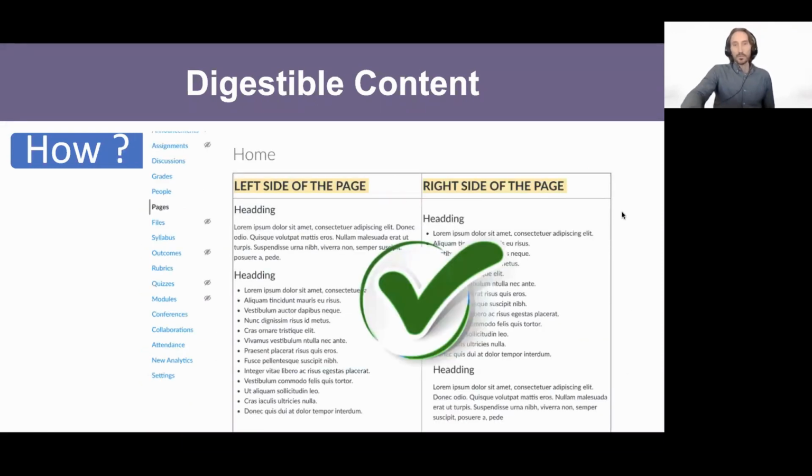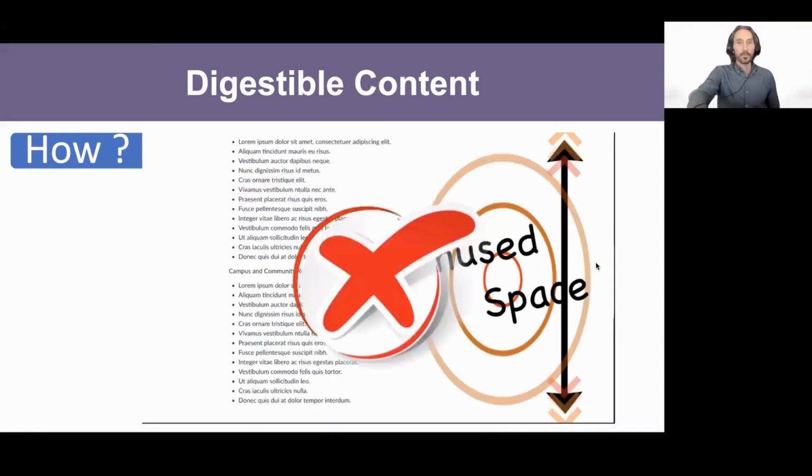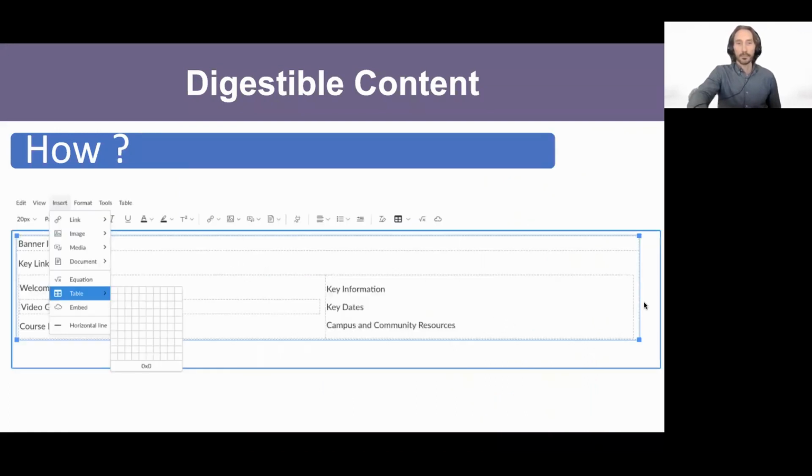So this is using the full width of it, and as you can see, you can get more of the information in one glance without scrolling if you use the full width of the page rather than this long scrolling page, because you have all the content here and then you have all this unused space over here. So already by having to scroll down, we're making students fish for things, which is not something that we want. And a big red X. No.